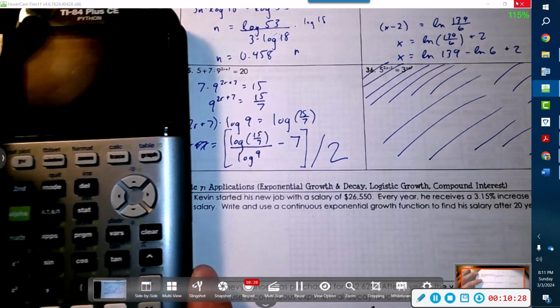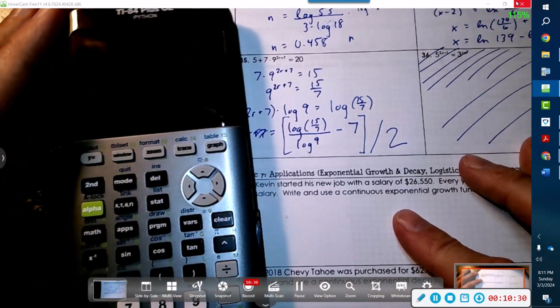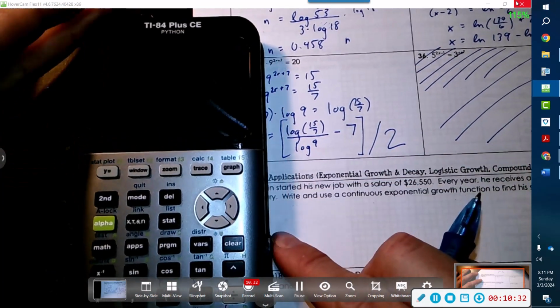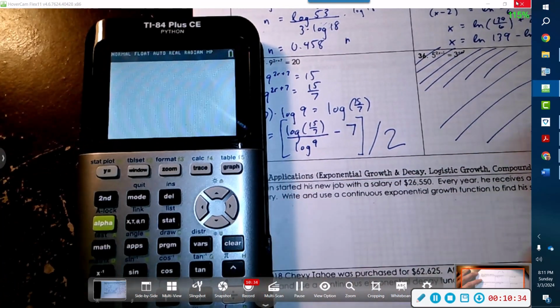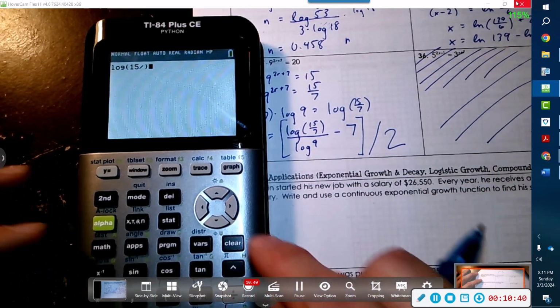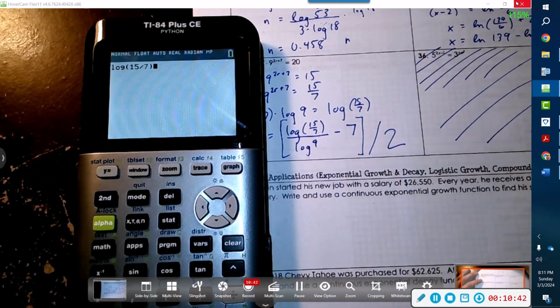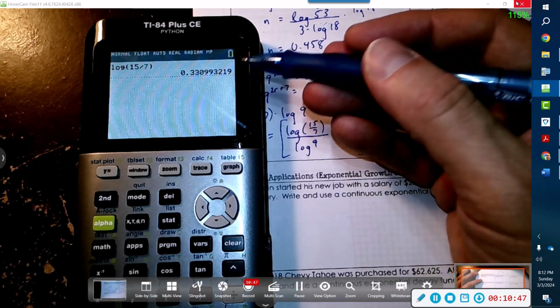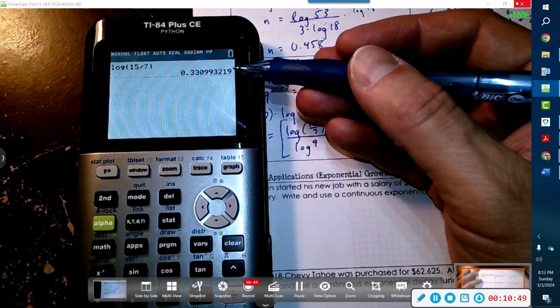Now, I will go ahead and type it in the calculator so that you can verify it. But if you calculated the decimals along the way, that is absolutely fine. Maybe you calculated the log of 15 over 7 on your own first, got a decimal, and wrote it down. Cool. Leave that decimal there with all of the places.